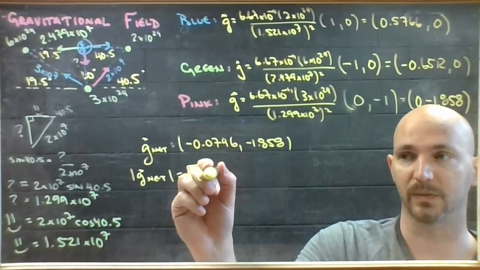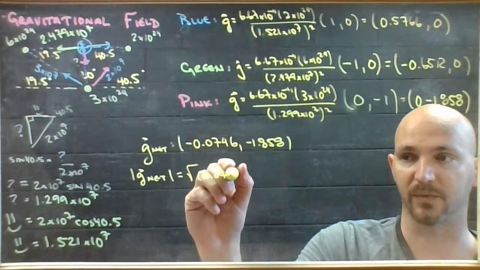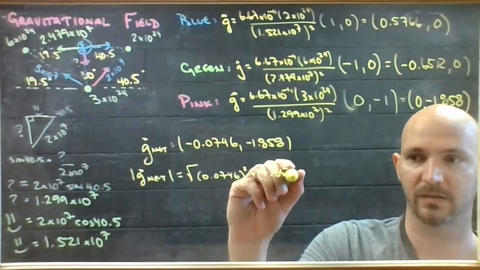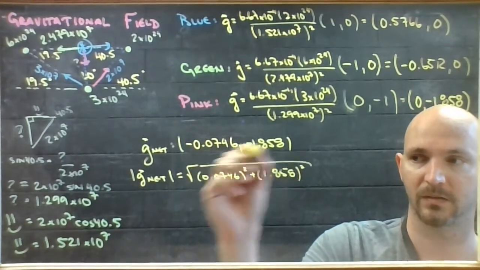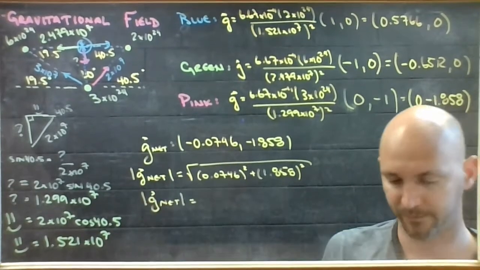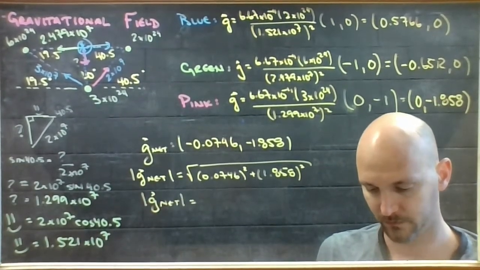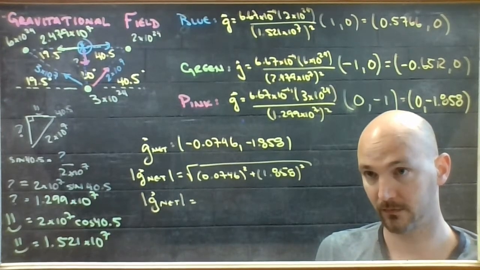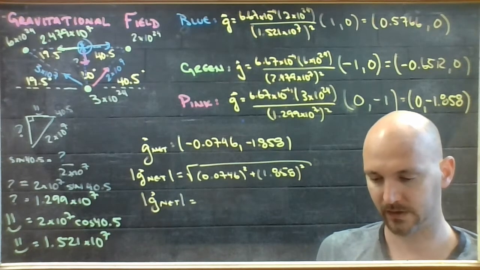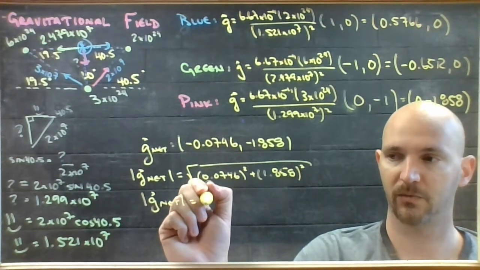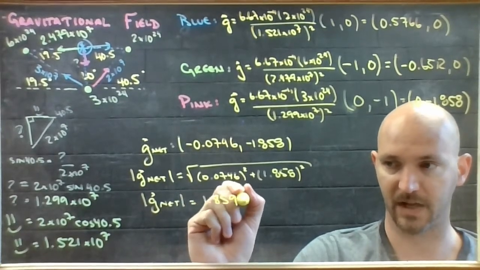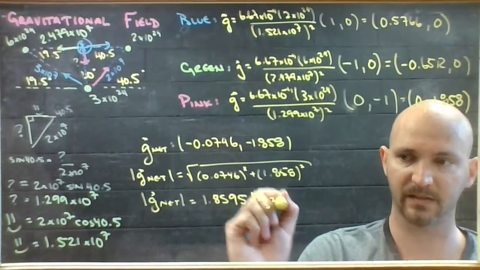So 0.0746 squared plus 1.858 squared, and then square root that answer gives me 1.8595 meters per second squared.